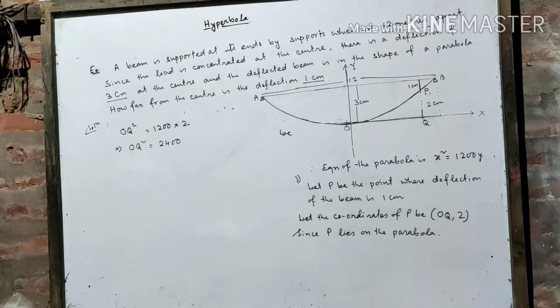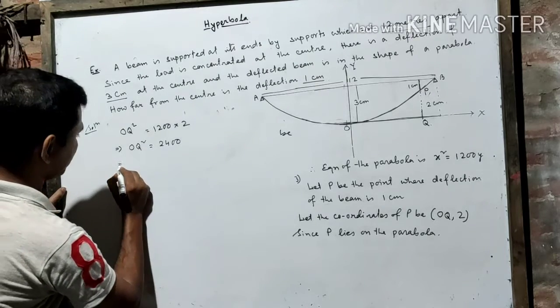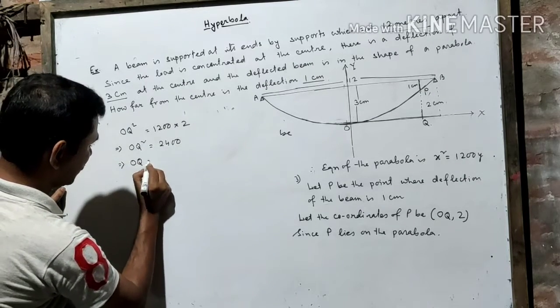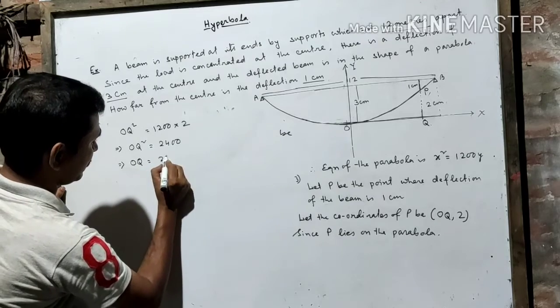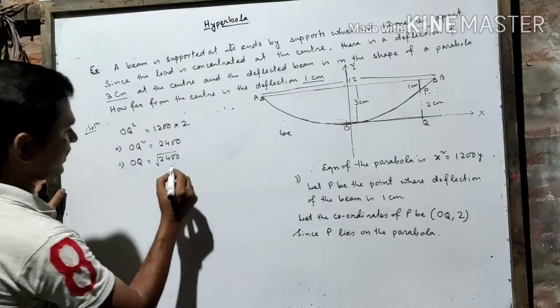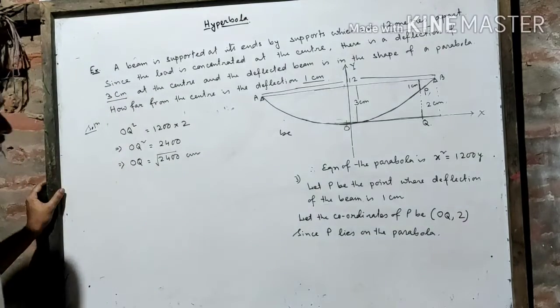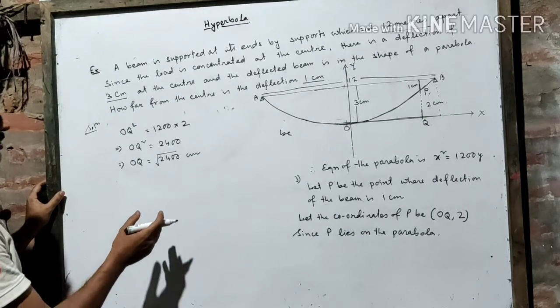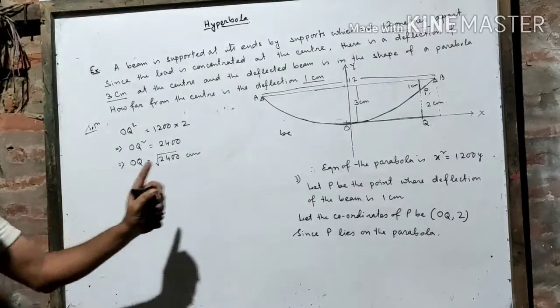OQ square is equal to 2400. Okay, therefore OQ is equal to root over 2400 centimeter.